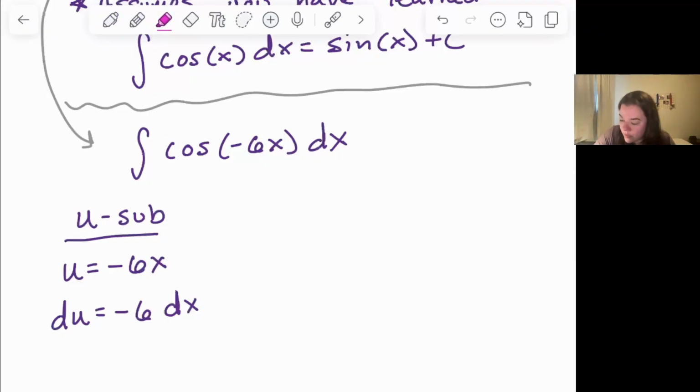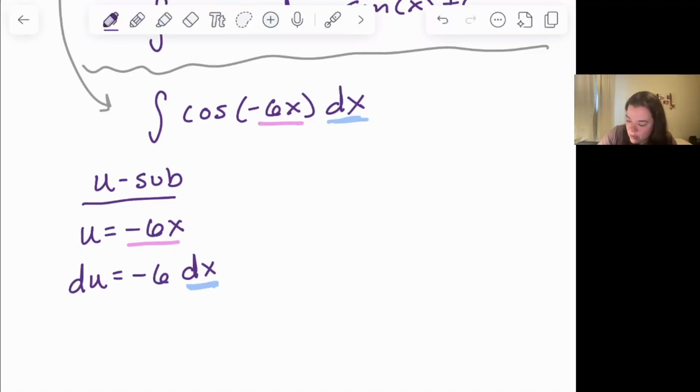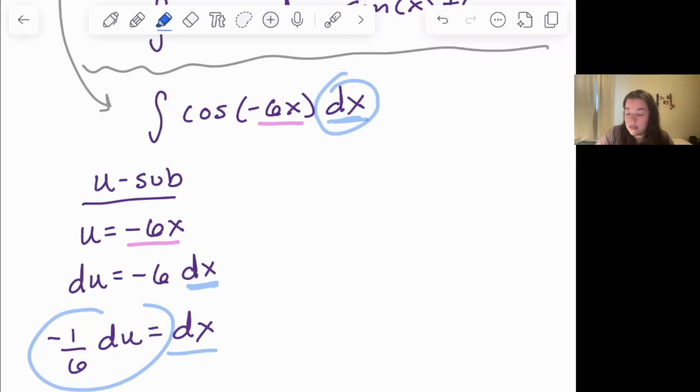Now ask yourself, there's a perfect match for my u. I need to also substitute out dx. So this negative 6 needs to move out of the way. Divide it over. We've done this a few times now. So divide over by negative 6 becomes negative 1/6 du is equal to dx. And now we have a perfect match to replace dx with, right? We're looking for perfect matches.